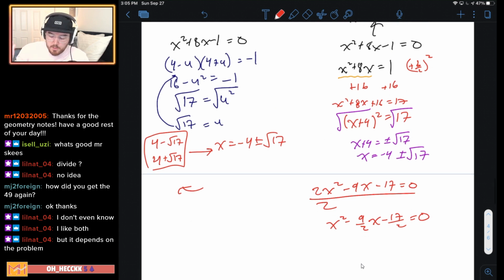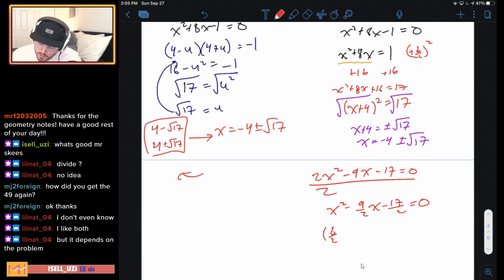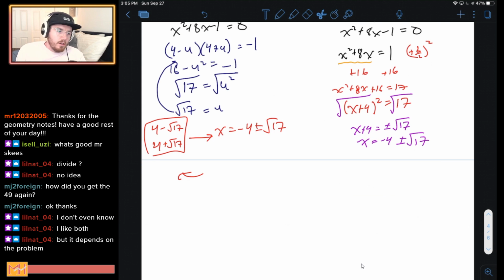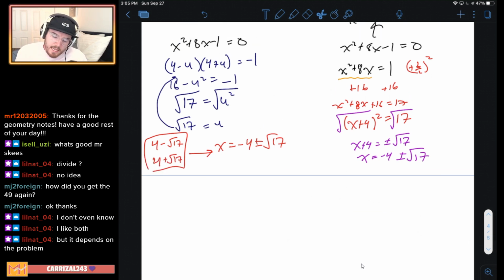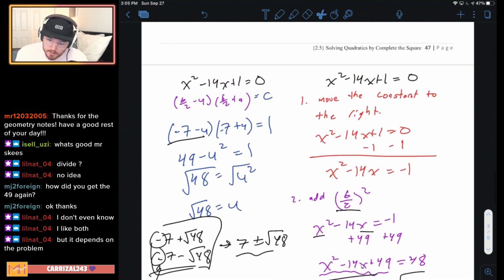I'm not really going to do this problem out because I'm just hypothesizing here. Is it doing b over 2 squared on this 9 halves? They both have their taste of fractions, right? It just depends on which one you're gravitating towards. In the end, I guess they're both going to work.